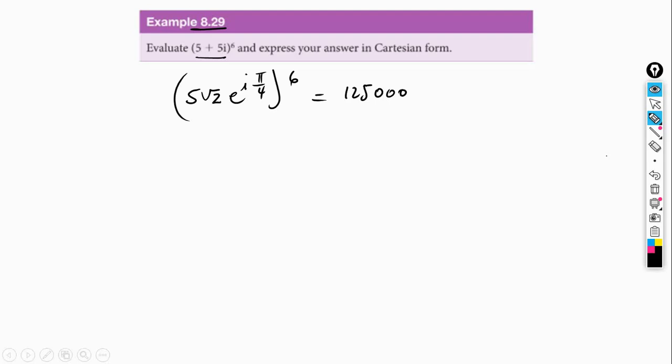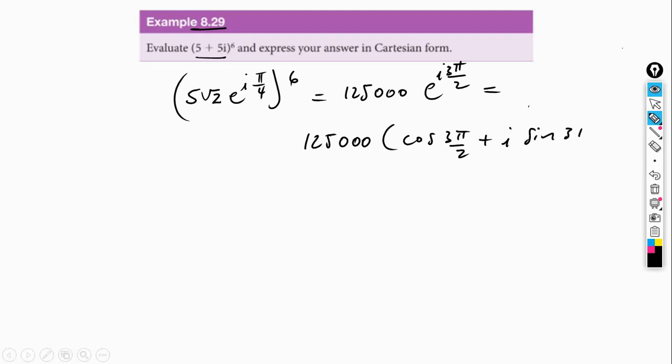And Euler's number to the power of i times 3 pi halves. So notice that this is the same as saying 125,000 times cosine of 3 pi halves plus i sine of 3 pi halves. But cosine of 3 pi halves is 0, and sine of 3 pi halves is -1. Therefore, this equals -125,000 i.